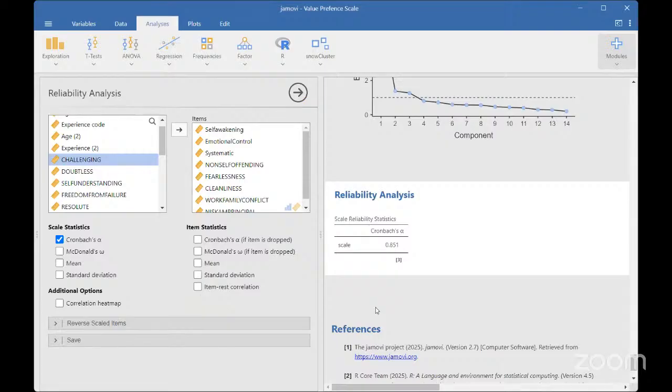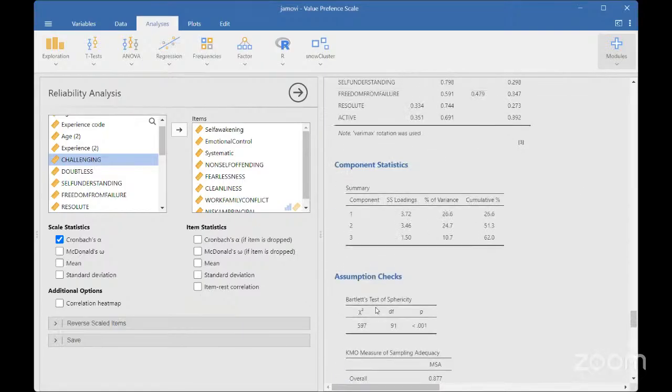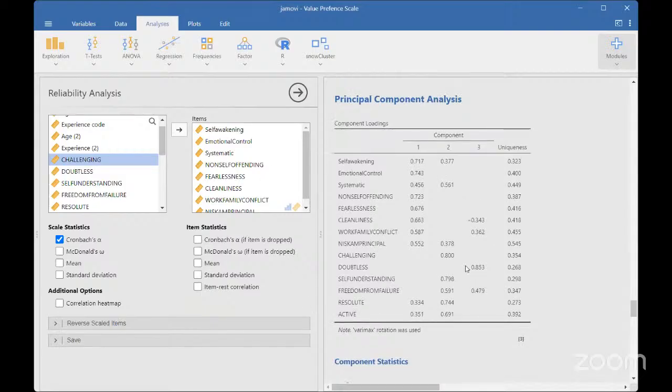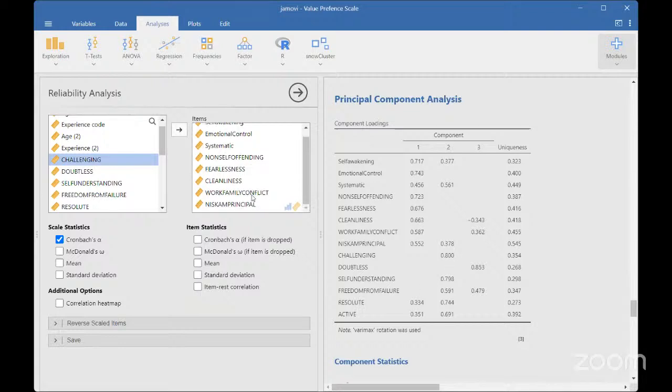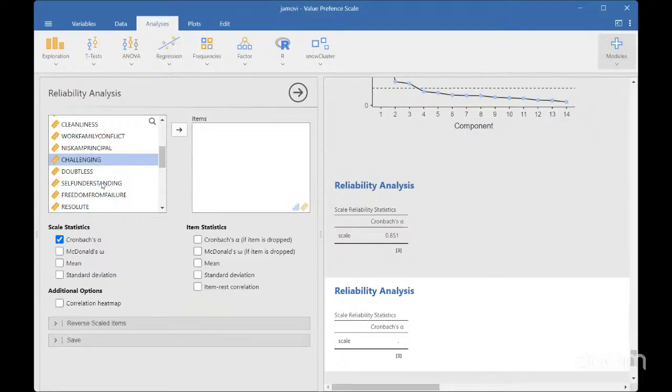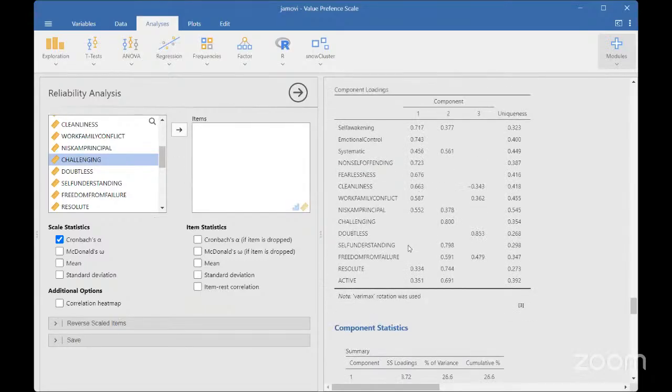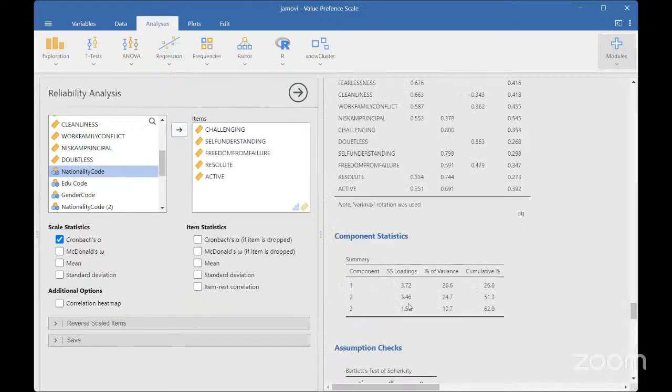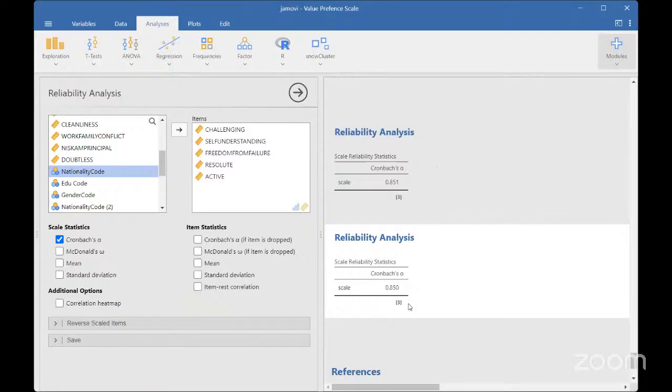Now you take the second component. Second component means challenging, self-understanding, freedom from failure, resolute and active. Now you check the reliability.